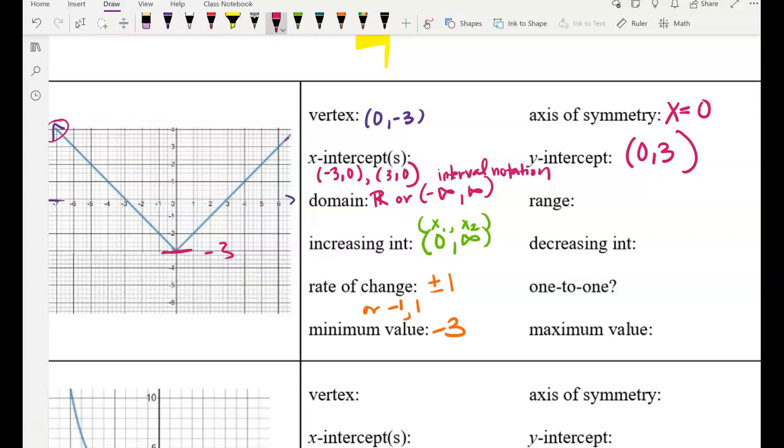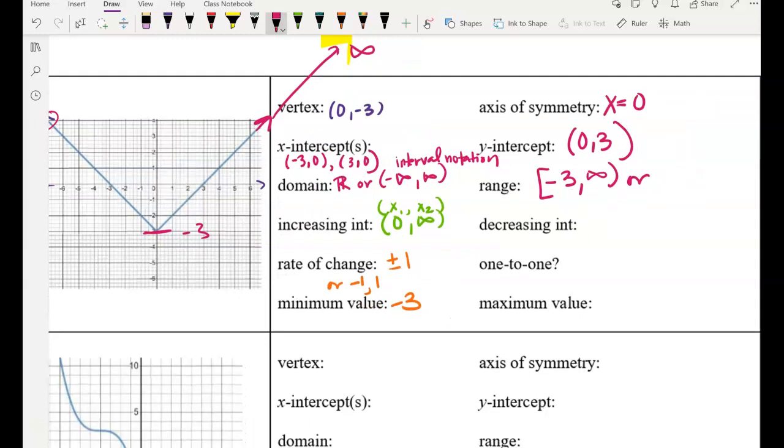And again, this arrow means it goes up forever. When you say up forever, that means it's infinity above us. So the range, the smallest number is -3, and the largest we don't know because it's infinity. So this is the interval notation. Now when you write both ways, y is going to be bigger than or equal to -3.